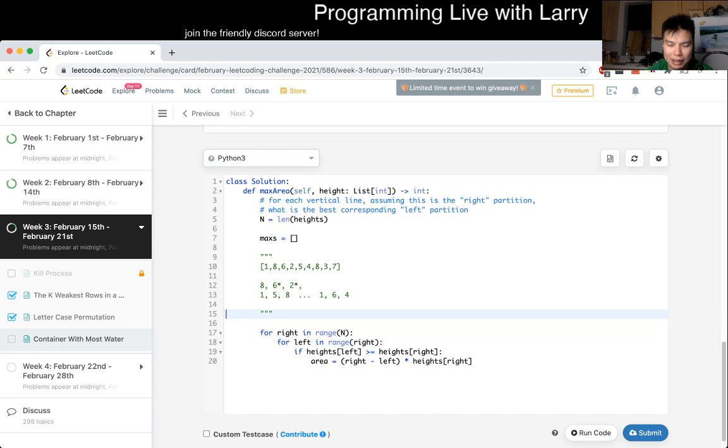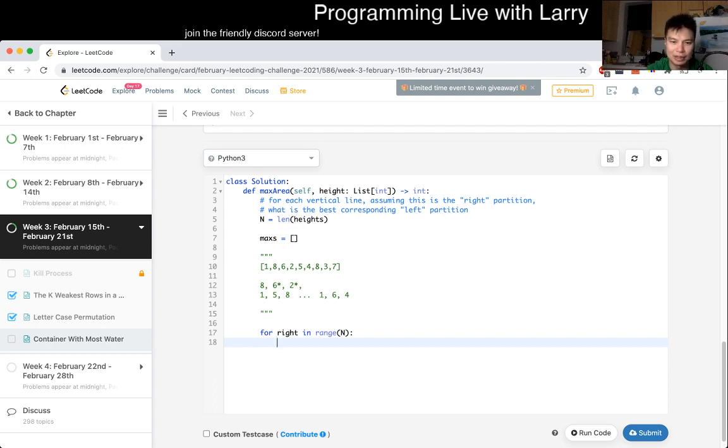So now we process from right to left. So what happens going right to left? Well, we have to find the leftmost number that is bigger than this, right? So I think we can just do a bisect left on maxes, because now this gets the insertion point for this point. Yeah, we want the bisect left.